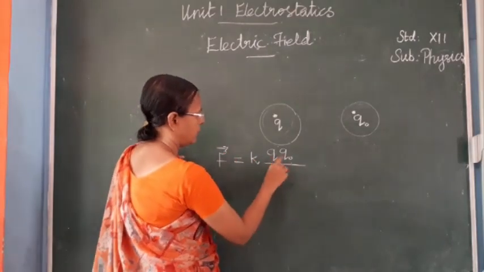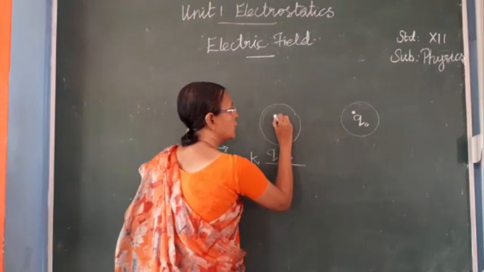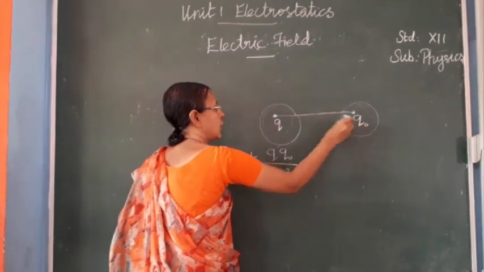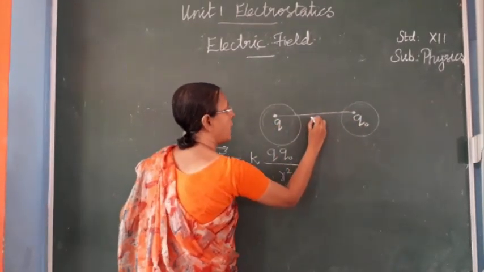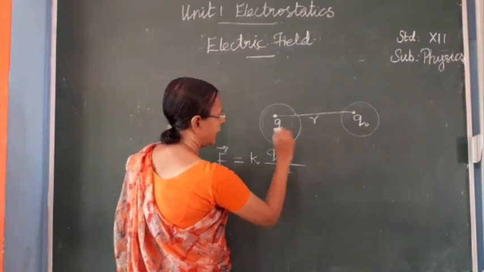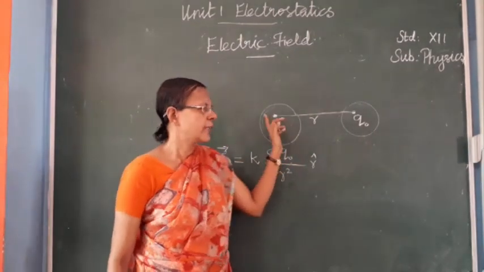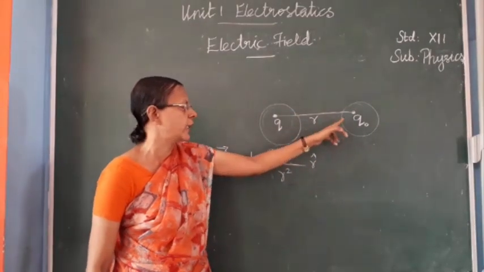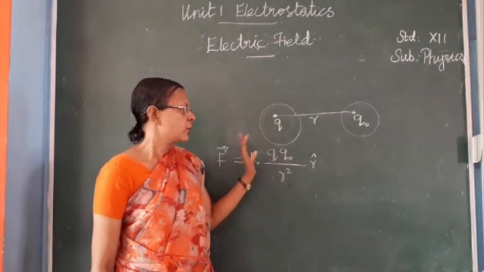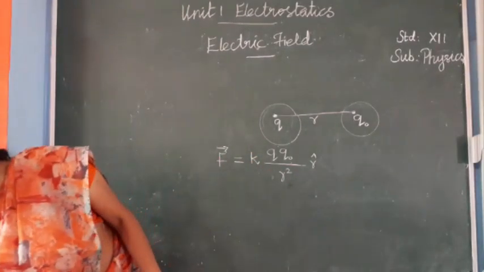R is the distance between the source charge and the test charge. R cap is the line of action, the line along which the force acts, so we write the unit vector R cap. This is Coulomb's law for the source charge and the test charge.